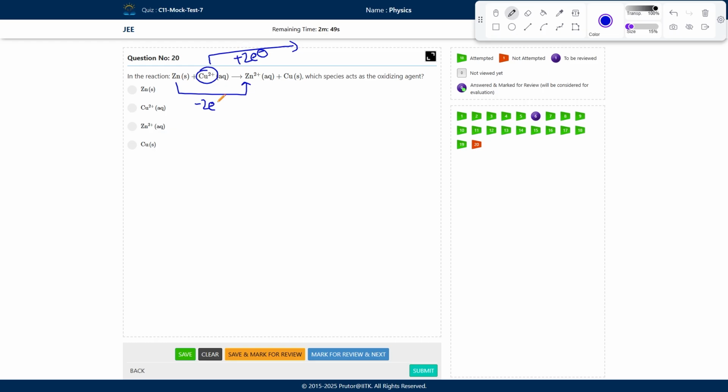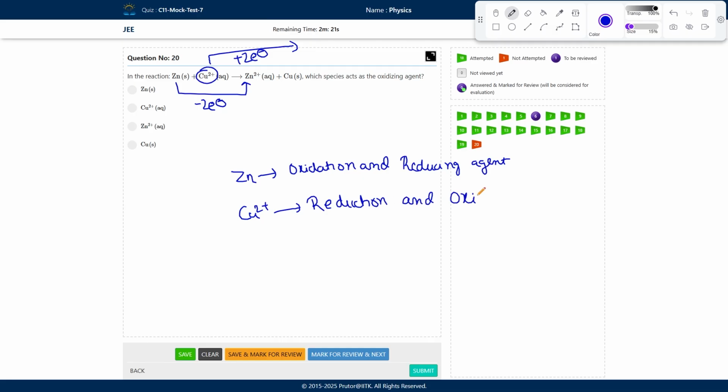That means you are removing 2 electrons. So Zn is undergoing oxidation, and it will act as a reducing agent. Whereas your Cu2+ is undergoing reduction due to addition of 2 electrons, and it will act as an oxidizing agent. So the correct answer will be Cu2+.